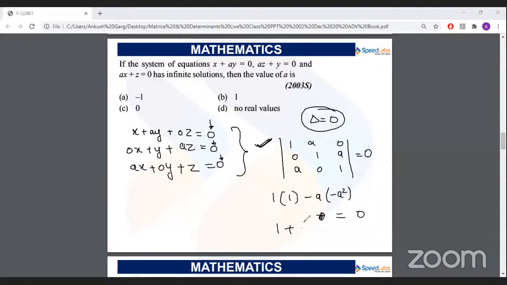So we're getting 1 plus a cube equal to 0. So that is giving you the answer a cube equal to minus 1. So a equal to minus 1, right? For a equal to minus 1, we will get infinite solutions for this particular system of equations. So a is the correct answer.